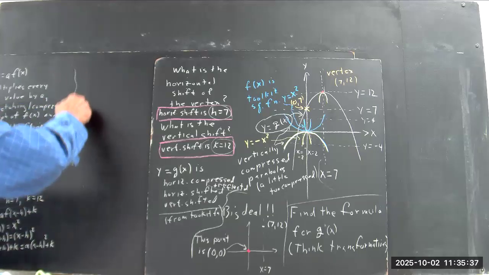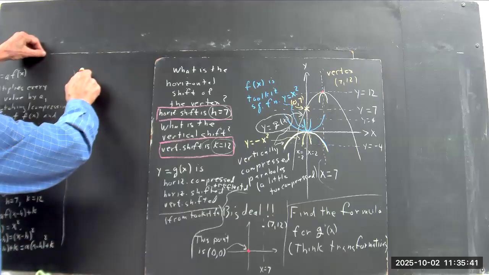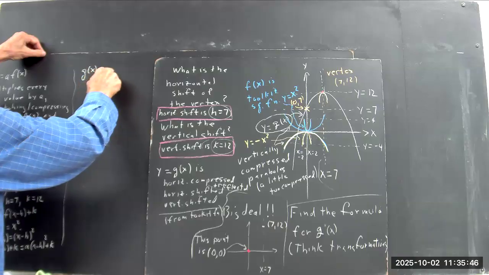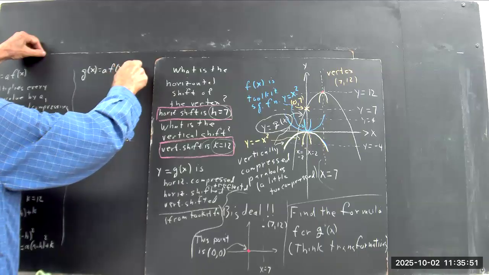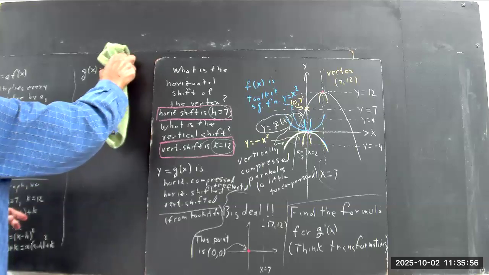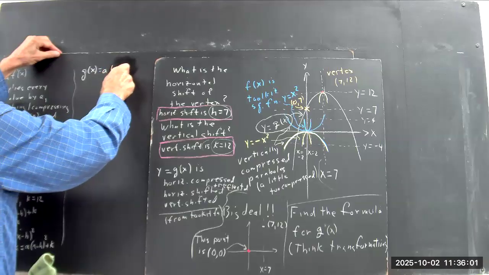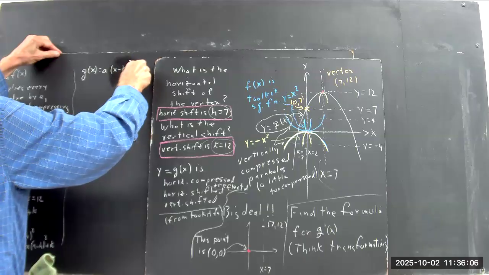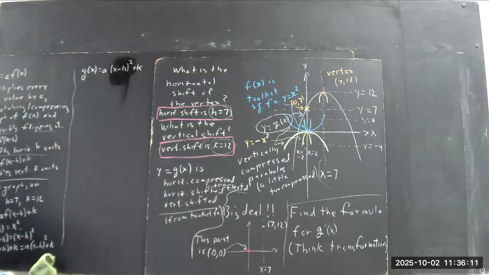What we've obtained from all that is that yes, it is a f of x minus h, but f of x minus h is x minus h quantity squared, and then plus k. All right.